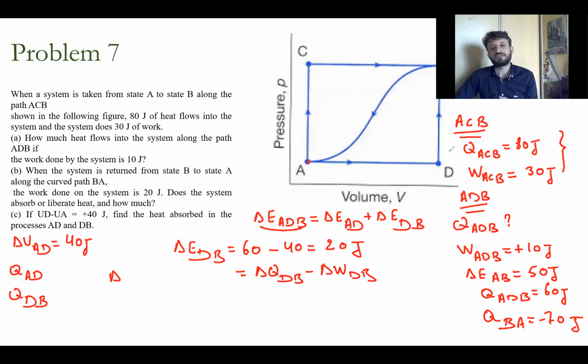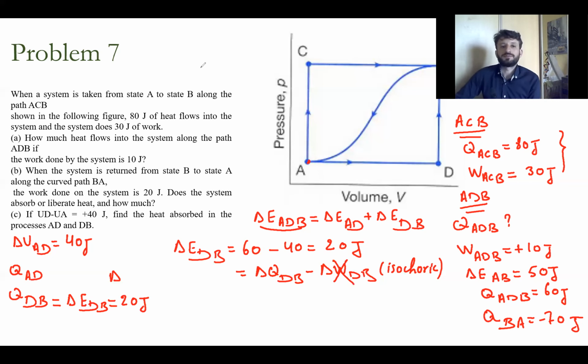You know, DB is an isochoric process. V is constant, delta V equals 0 and W equals 0. So delta E DB equals Q DB. We can write here Q DB equals delta E DB equals 20 joule.